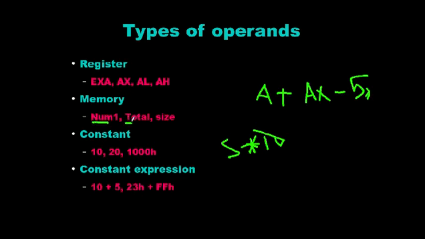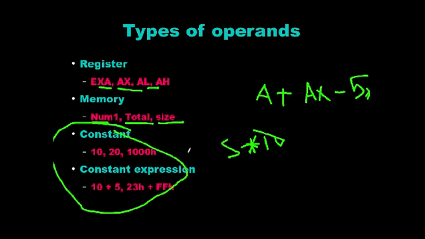So those are memory locations, those are registers, which are also memory, but those are on the CPU, fast. Constants are really easy to know. A constant expression is where I have two constants, or in other books they call both of those immediate values.